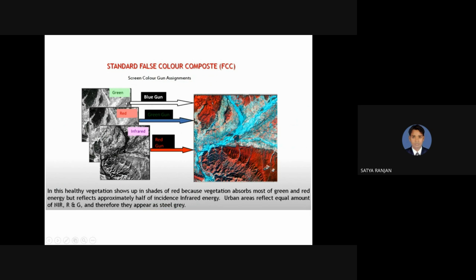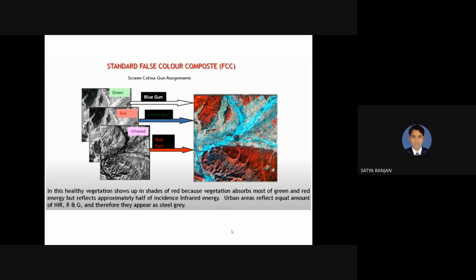This is also the false color composite image, that is green is converted to blue, then red converted to green, then infrared to red. So why do we use the false color satellite image? The healthy vegetation shows a shade of red because vegetation generally absorbs most of the green and red energy and reflects half of the incident infrared energy. So it reflects infrared energy and absorbs more green and red energy.